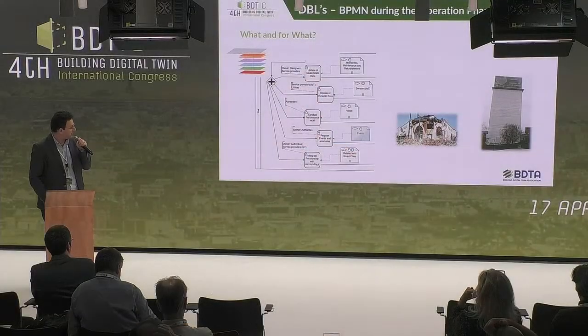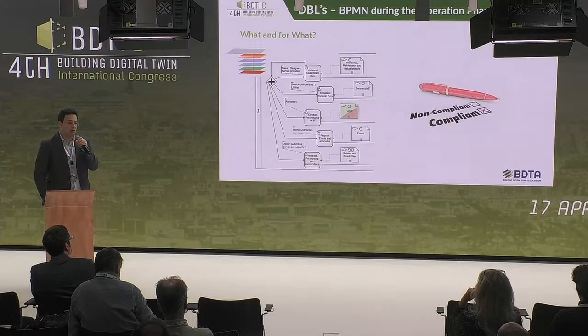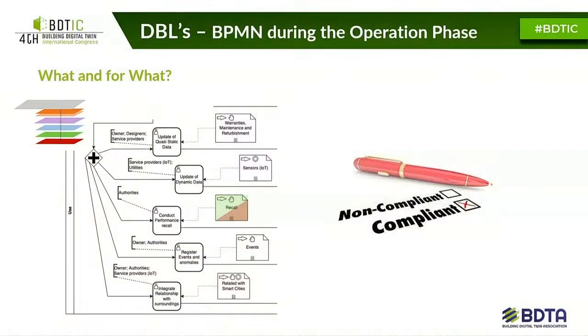So we have 2 examples there of events that can impact on buildings. We also should be able to do recalls, either because there are updates on the regulations or because we do changes on the buildings that require this re-evaluation. And we should do it systematically and effortlessly.